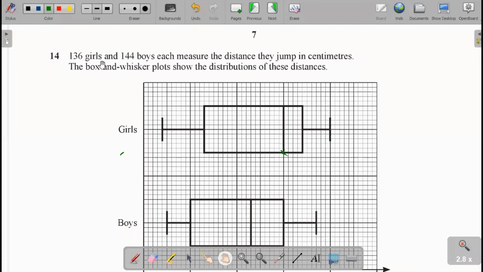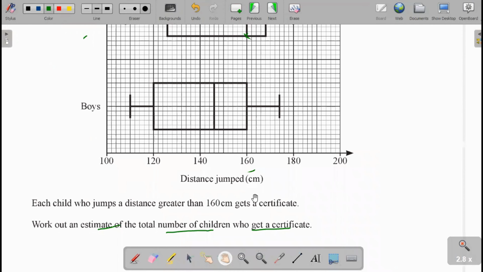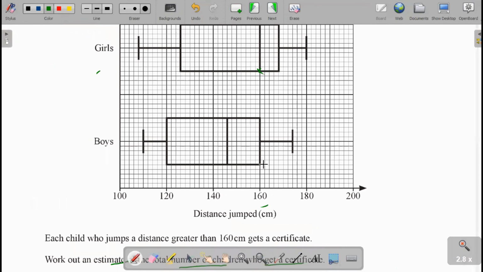Question 14. 156 girls and 144 boys each measure the jump distance in centimeters. Each child whose jump distance is greater than 160 centimeters gets a certificate. Work out an estimate of the total number of children who get a certificate. Now you see here that this value shows the 160 centimeter upper quartile value, and this shows the median value.